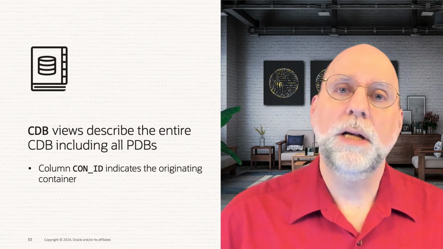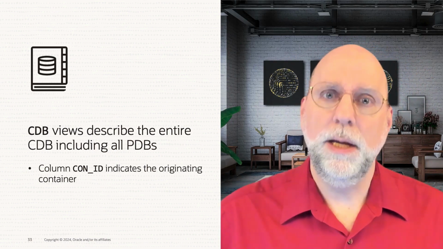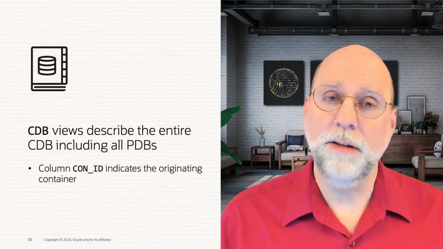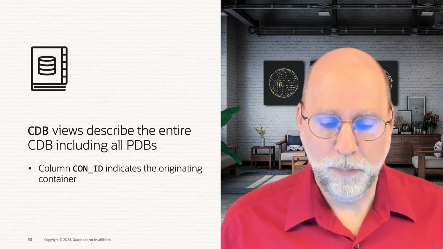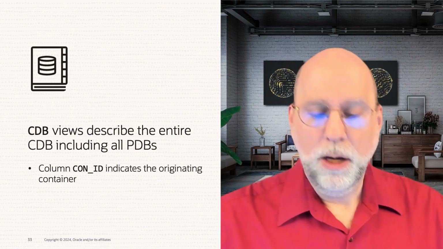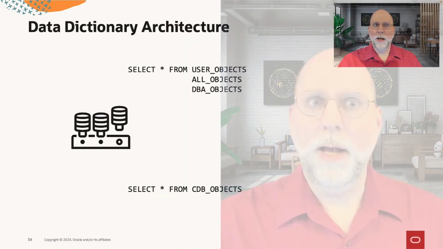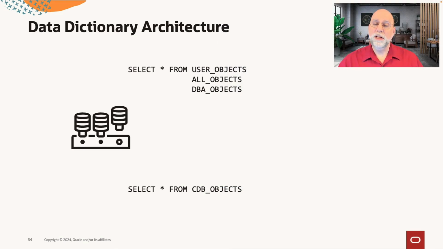We have the CON_ID column in all of our system tables now, and that stands for container ID. So the container ID will identify the pluggable database or CDB root in which an object resides. So for example, if you select from USER_OBJECTS, ALL_OBJECTS, or DBA_OBJECTS, then you're looking at what is local to that pluggable database or container.